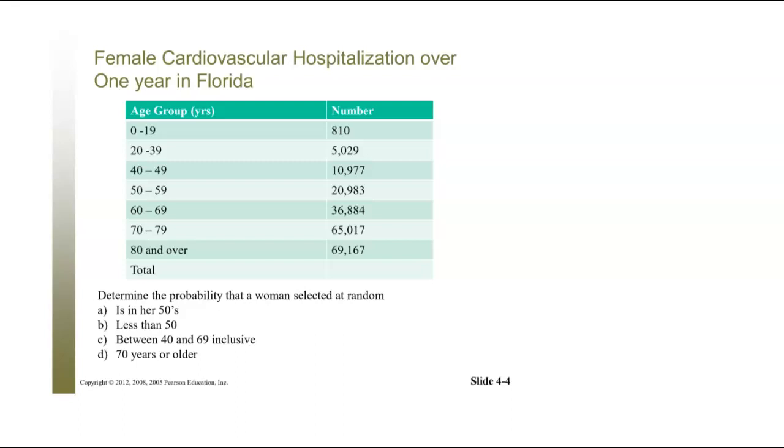I want you to stop and think about this. In order to do this, we need our F, the number of ways the event can occur. Well, we have that. We have our F for her 50s. So for 50 to 59, we know there were 20,983. But to get the probability, we need the total number. We don't have that as of yet.